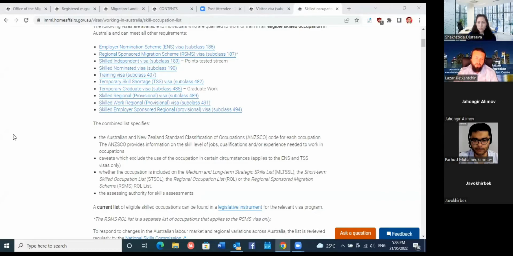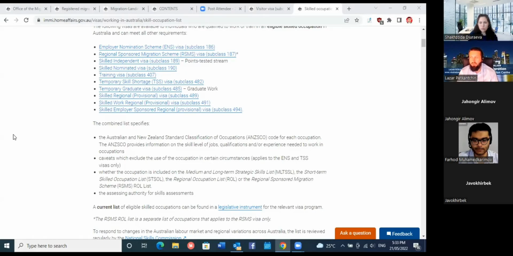Many thanks. Okay. So there are no restrictions that are specifically applicable to people from Uzbekistan. However, there is a difference on the visas you can apply for and on the documents you need to provide based on what passport you hold. And this is because there's different risk levels.